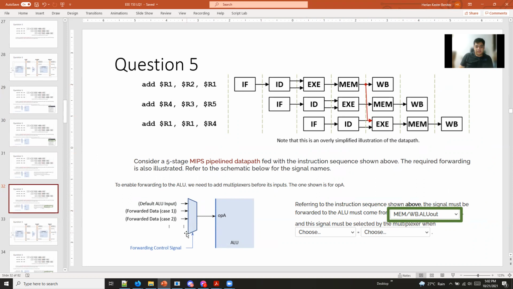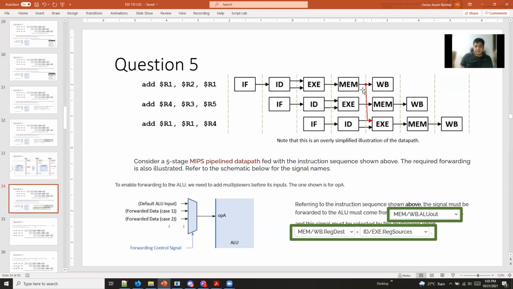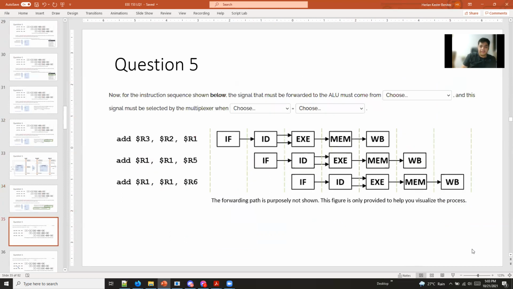And this option is what the multiplexer selects when the destination of the instruction in the mem write back stage is the same as the source in the IDEXE stage. So the destination of the instruction in the mem write back stage must equal the IDEXE reg source, and that is when we forward the data.